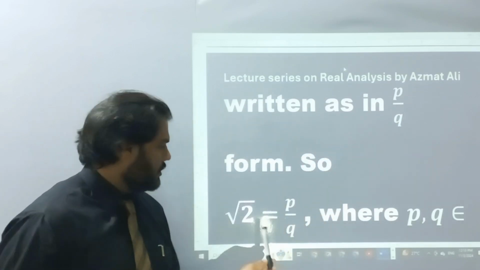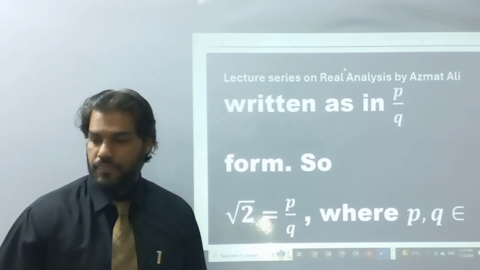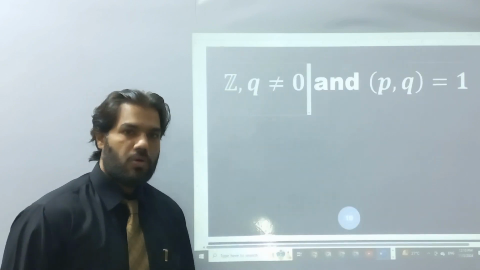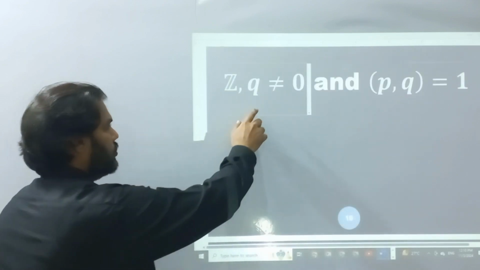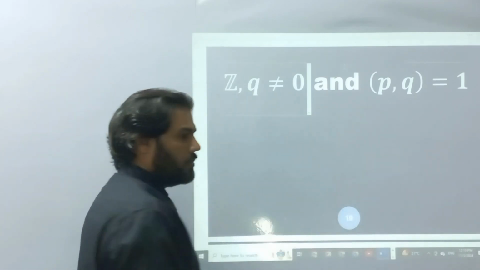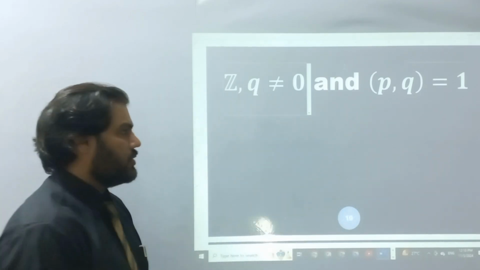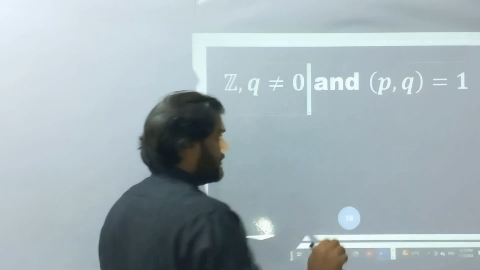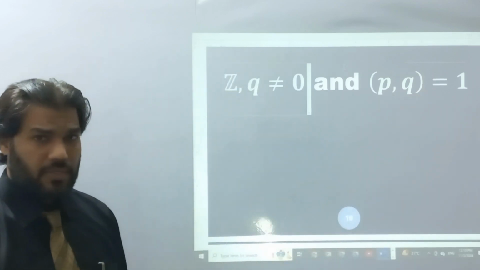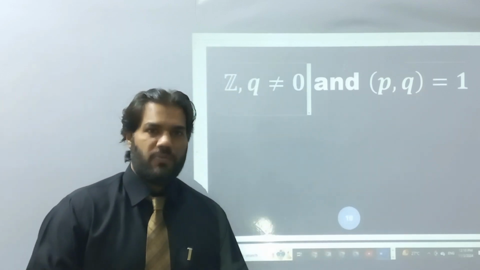So we write square root 2 is equal to p over q, where p and q are integers, q is non-zero, and further the GCD of p and q is 1. That is, they have no common factor, or they are in simplified form.